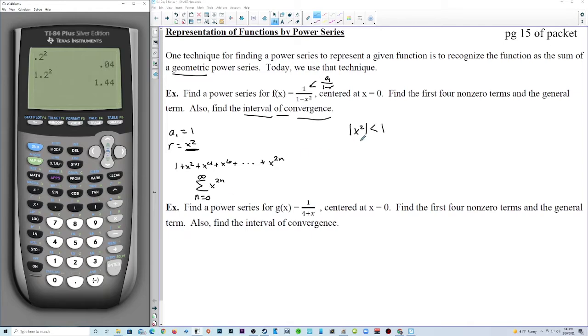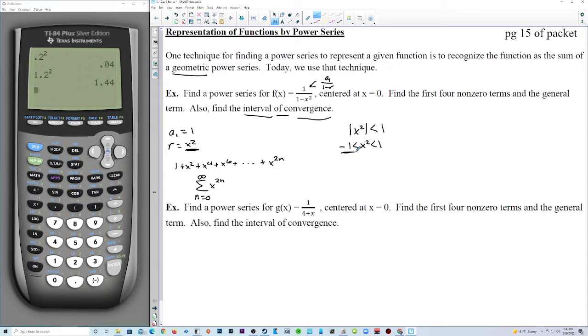So the math to actually do this is a little weird. You have -1 less than x squared is less than 1, and that's the definition of absolute value. But then I can talk about square rooting these two numbers, but you really can't square root a negative number. It would be imaginary.